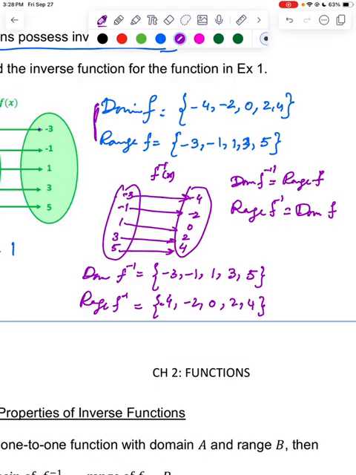Okay, so that's why we say x and y get switched, or they switch their roles. So we'll talk about more and see examples later in the second video.